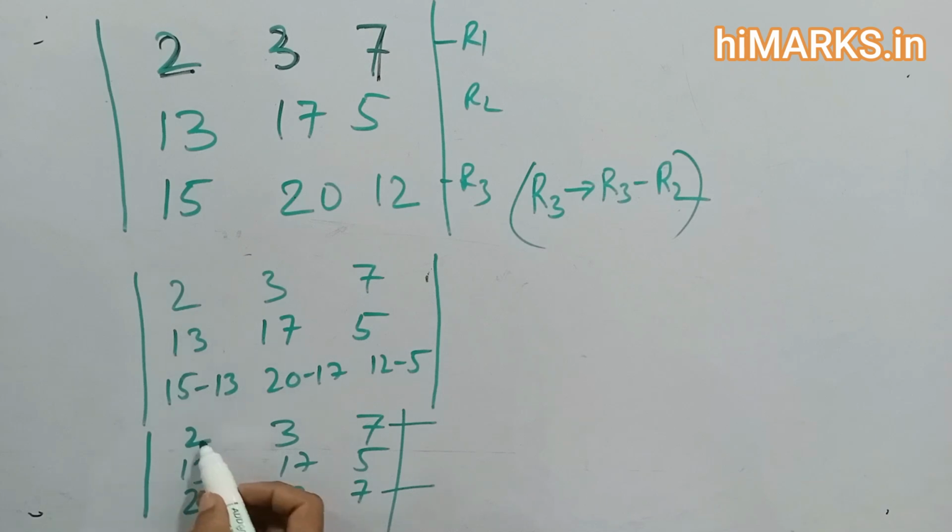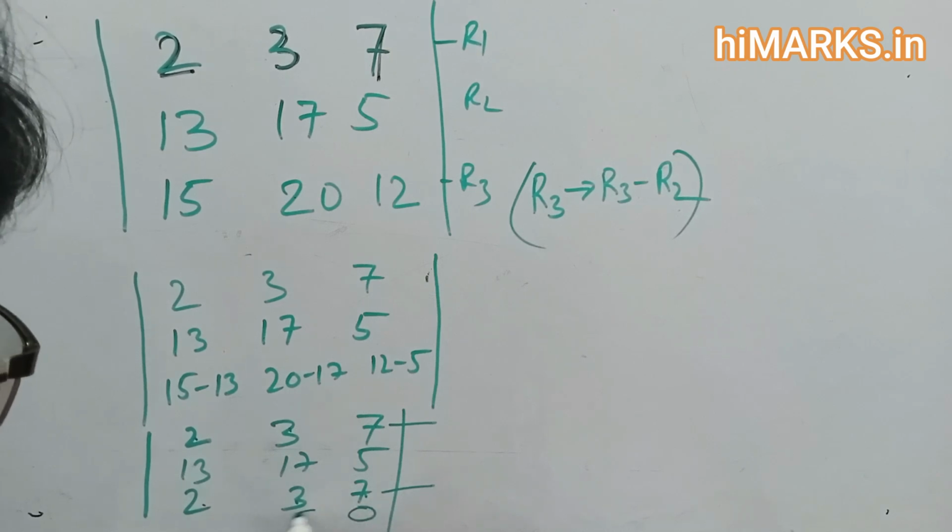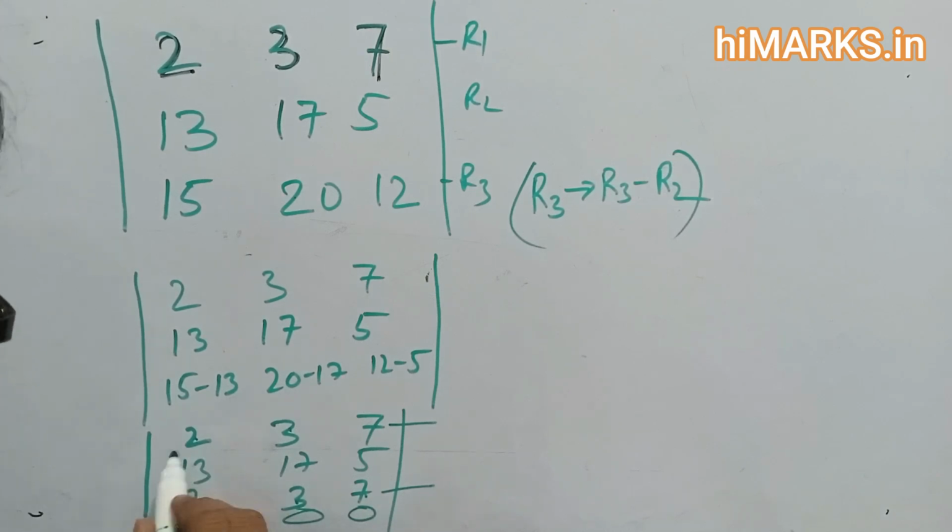Why? Because in the next step, if we apply this minus this, all will become 0. So if two rows become the same, the determinant becomes 0. This is the way you can prove it.